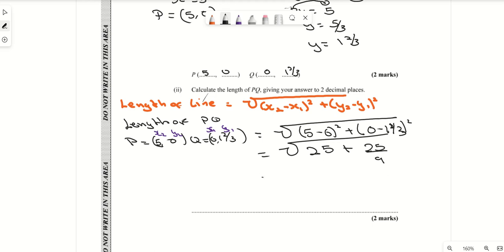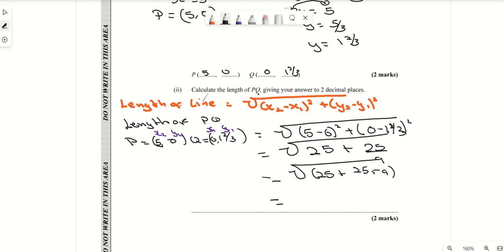You're going to put in your calculator the square root of open bracket 25 plus 25 over 9 close bracket. So let's do it. Second function, your square root sign, open bracket 25 plus 25 over 9, close bracket, is equal to.